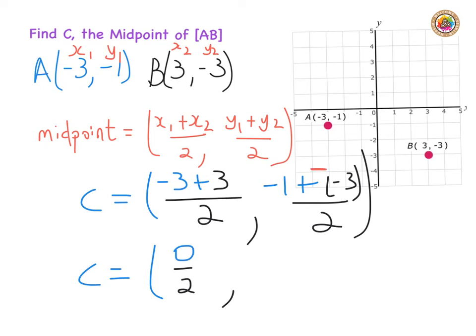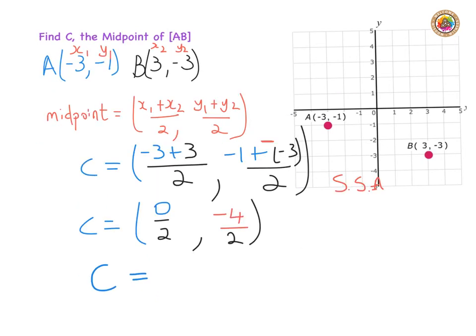So minus 1 minus 3, same signs add, SSA, so 1 and 3 is 4, and I keep my minus sign, and that's going to be all over 2. Okay, and then just tidying that up, C is going to be equal to, well, 0 divided by 2 is 0, and minus 4 divided by 2 is minus 2, and that's our answer.